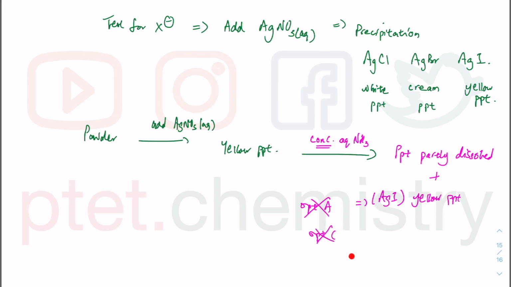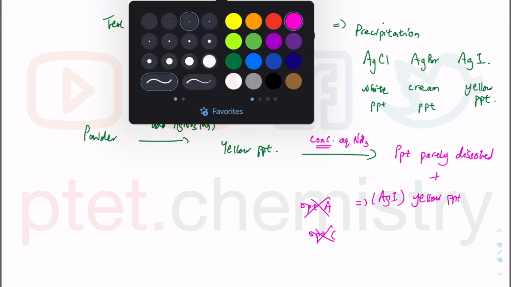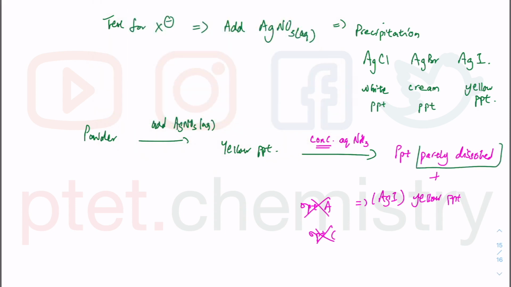Now between B and D, some students will just choose B because they thought yellow precipitate, iodide. But then D could also be the answer, and in fact D is the answer because of this thing called partly dissolved. If you look at partly dissolved, that means not all was silver iodide.